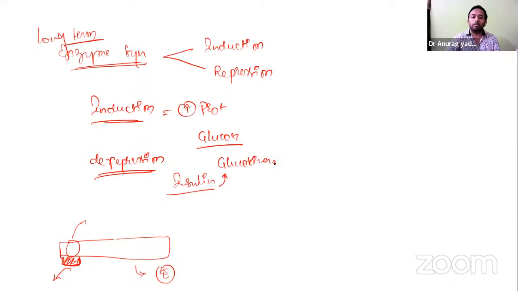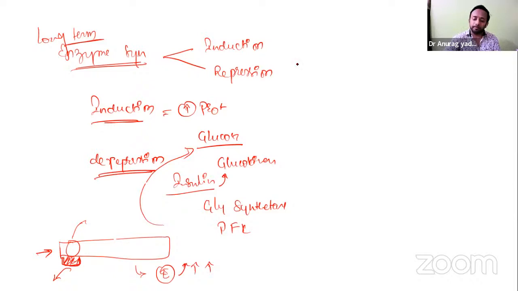And also you want to store the glucose, so glycogen synthase or synthetase enzyme is increased. Phosphofructokinase enzymes are increased. So what insulin is doing is increasing the concentration of the enzyme by de-repressing the gene. The gene is de-repressed, enzyme concentration increases, and they start acting on the substrate. So that is about the induction.